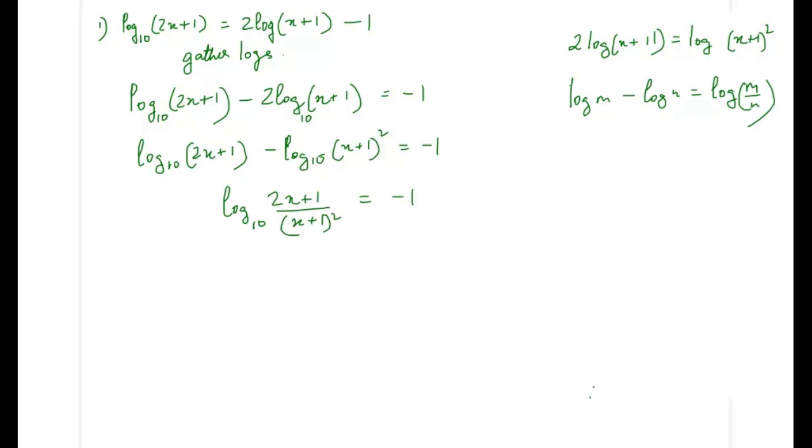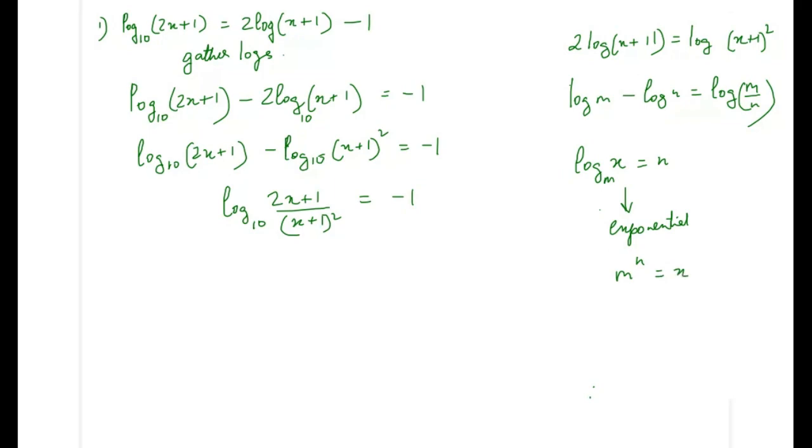Okay, so now I have a log equation with a log on one side and a constant on the other. I'm going to use another property of logs: if you have log of x to the base m is equal to n, I can convert this to an exponential equation, m to the power of n is equal to x.